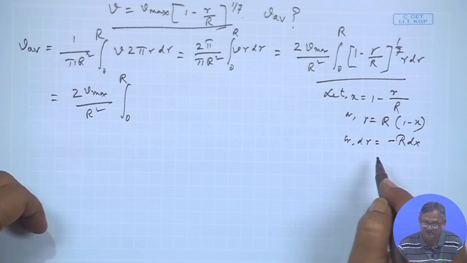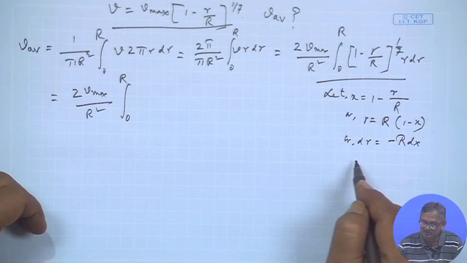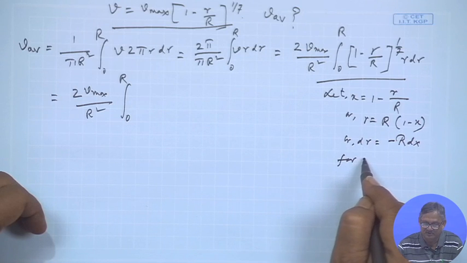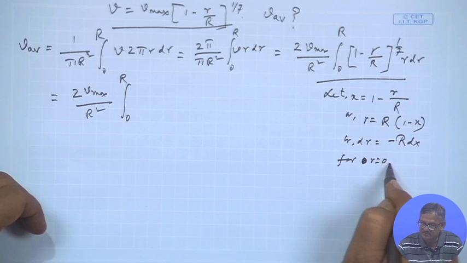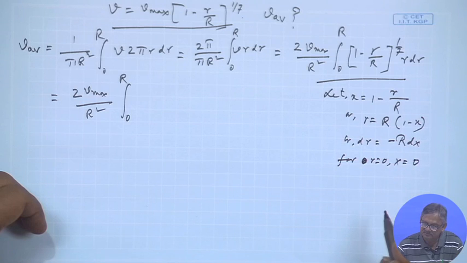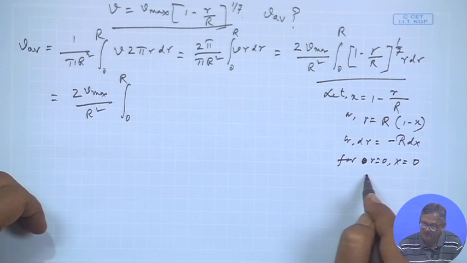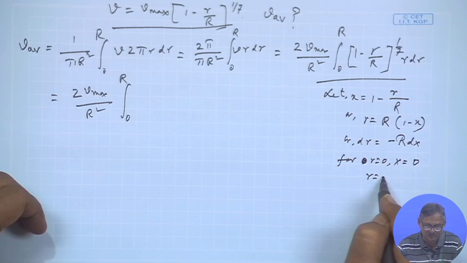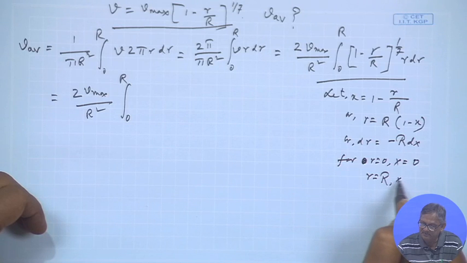So, for r equal to 0, x becomes 0, and for r equal to R, x becomes 1.